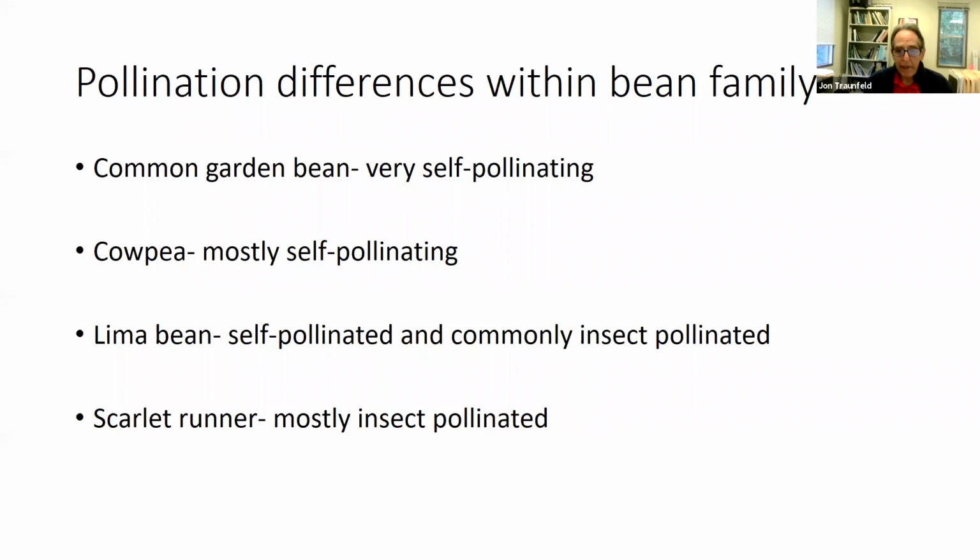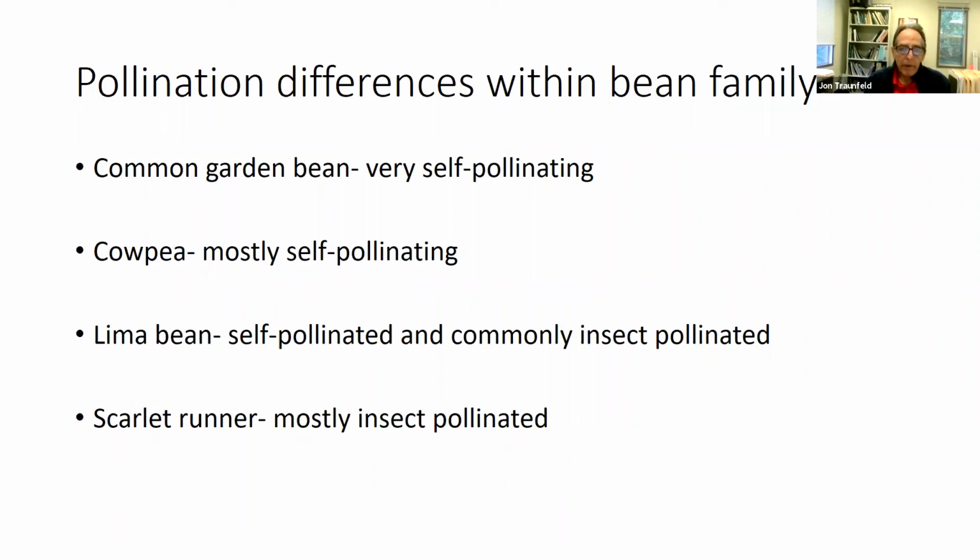Cowpea, mostly self-pollinating, but there can be some outcrossing from insect pollination. Lima bean, also very much self-pollinated, but even more likely to be visited by different species of bees. And then we've got scarlet runner, which is an incredible plant.